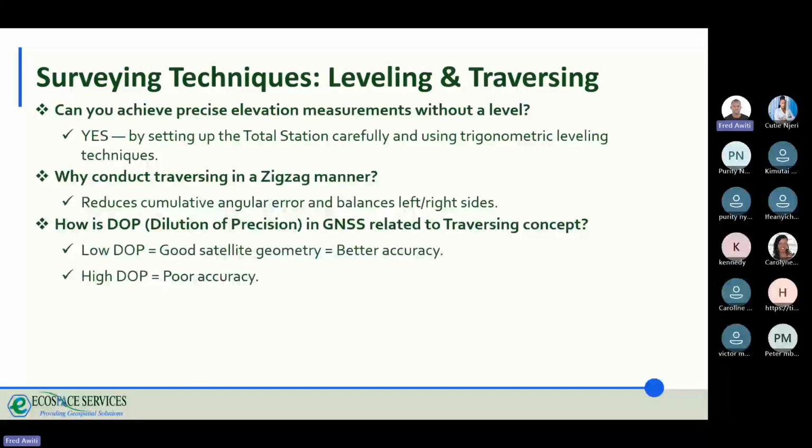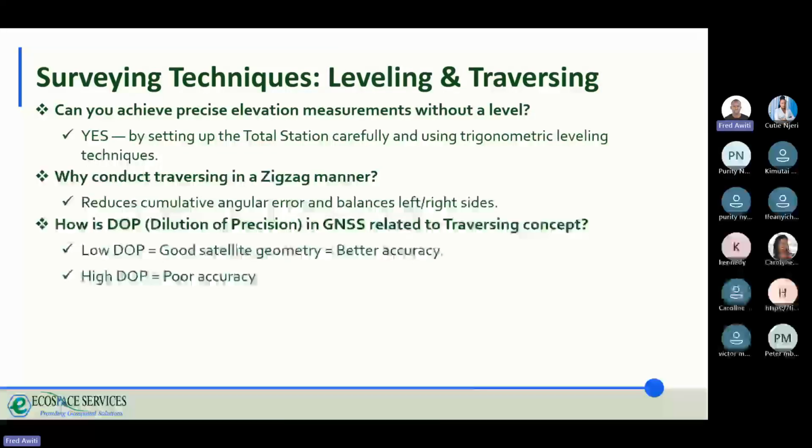If you are in your office or in your house, you have a handheld GPS, you put it next to a window, it is going to be exposed to a specific part of the sky because you have a roof over your head. So that part of the sky it is exposed to is a small section. If it is completely exposed to the sky, we say you have a good dilution of precision.